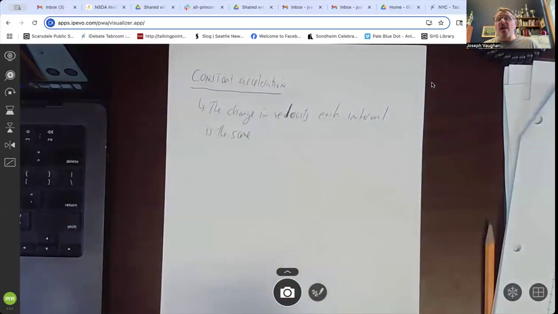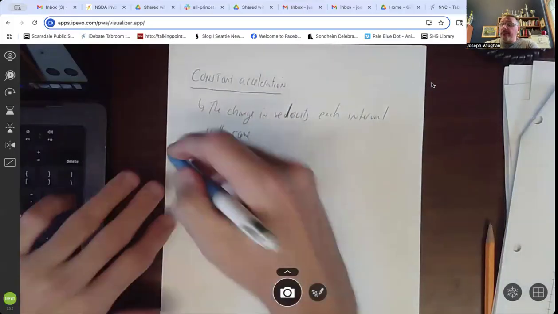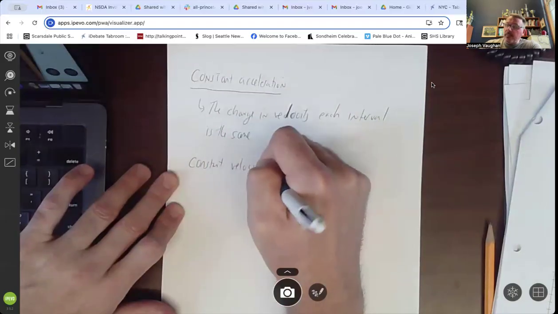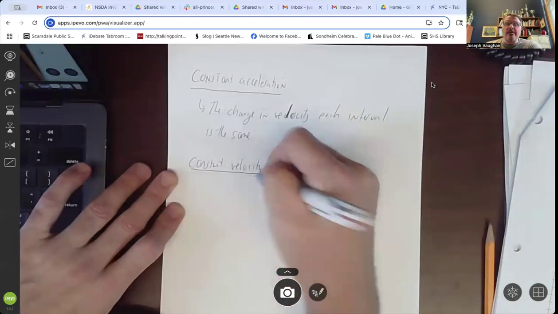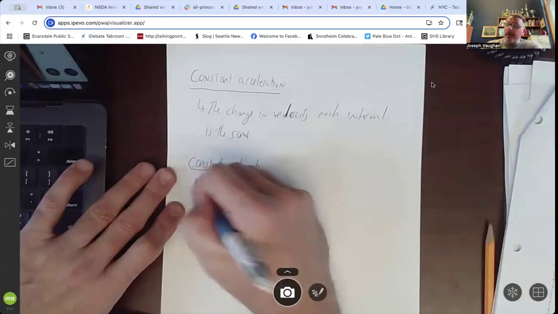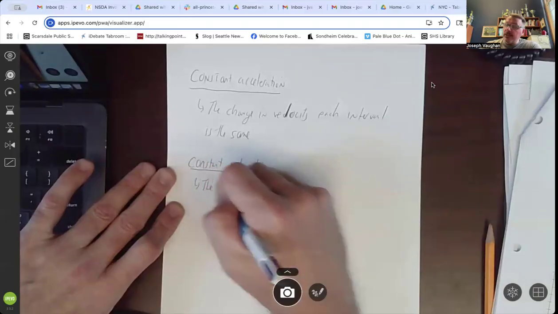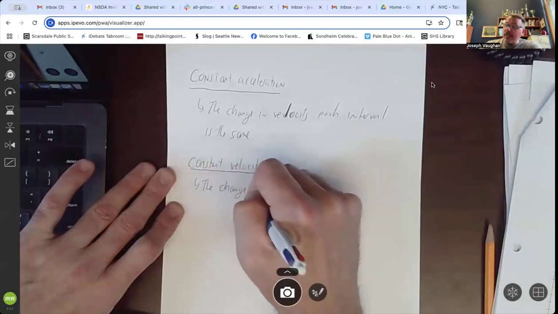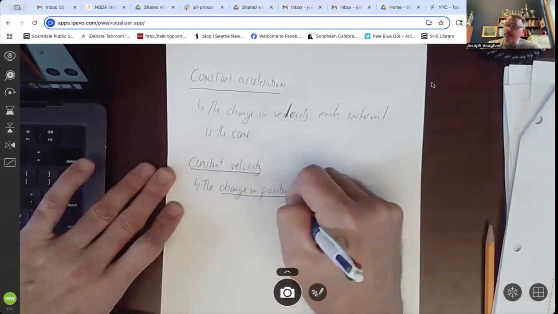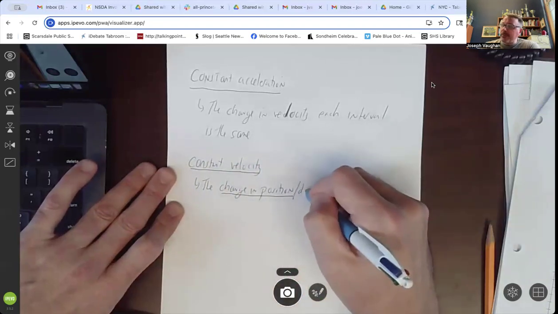Now, I want to contrast that to constant velocity. What does constant velocity mean? Well, constant velocity meant two things to us. One, it meant the change in position or displacement.